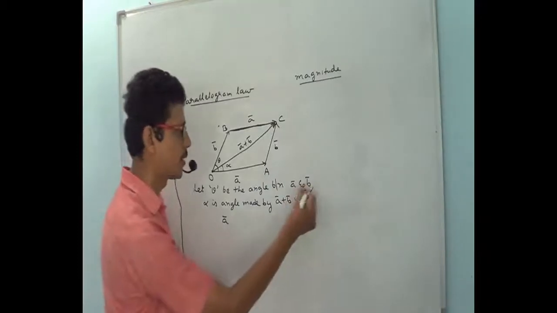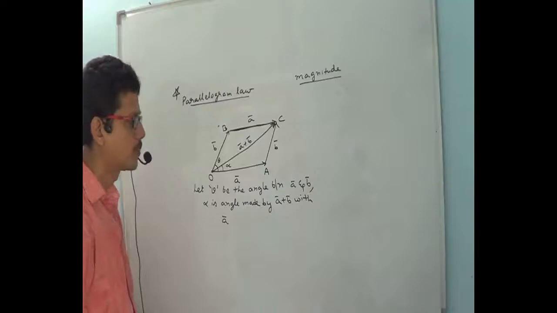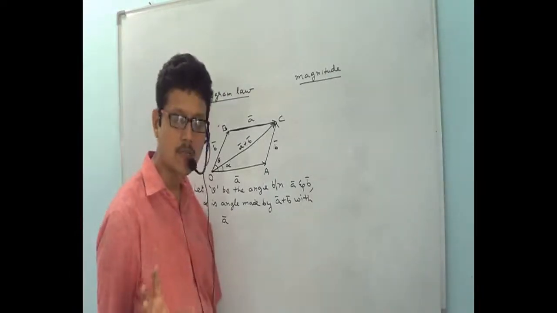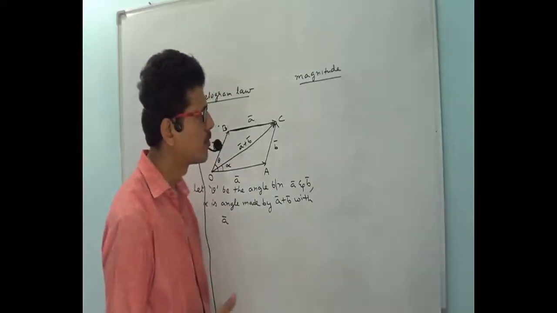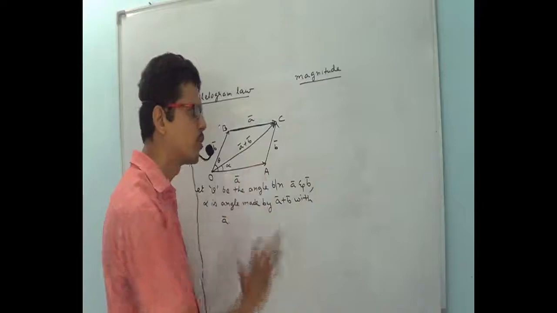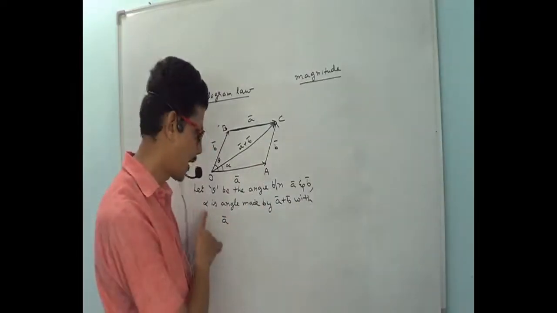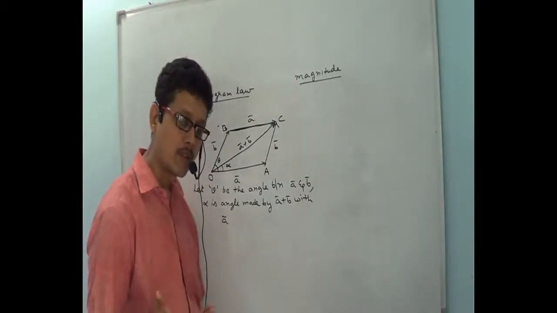These are the two assumptions. Alpha is the angle made by A bar plus B bar with A bar. I have to tell the alpha value also, because I have to tell the magnitude of the vector as well as the direction. Direction is given by this angle. If I tell the angle, then I am telling the direction of that vector.